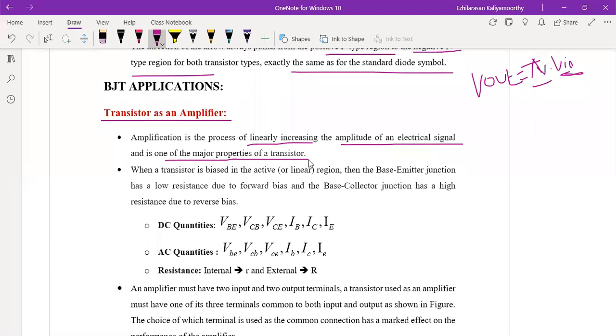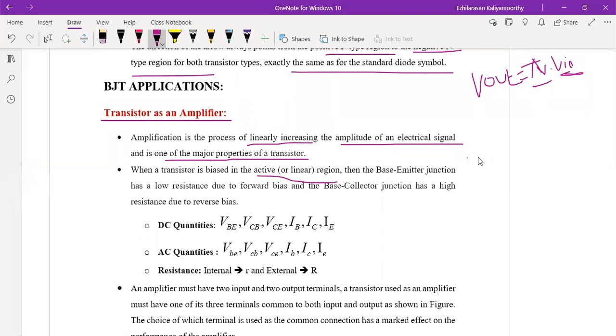Now, when the transistor is biased in the active region, because already we said we can work in three regions, here first we are biasing in the active region, or we can say linear region also. Then the base emitter junction has low resistance.